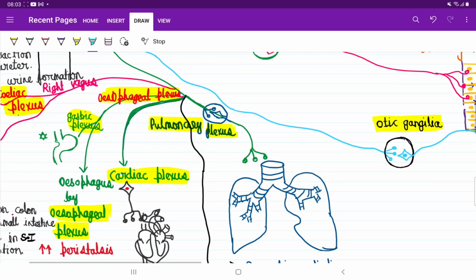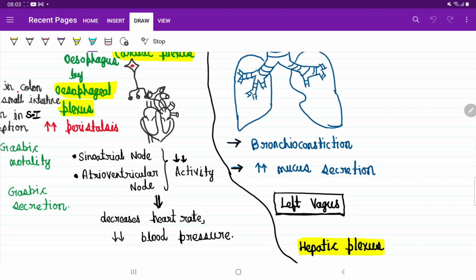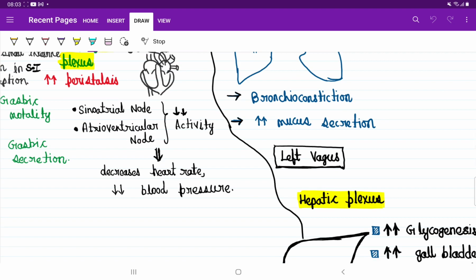Then by the cardiac plexus they supply the heart. They decrease activity at the sinoatrial node, and atrioventricular node activity will decrease. They decrease heart rate, blood pressure, and force of ventricular contraction.